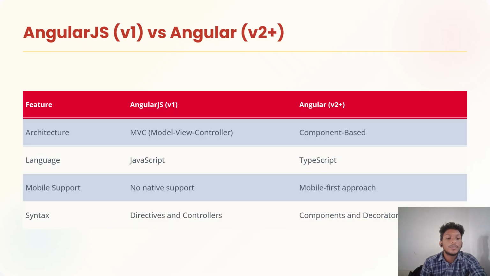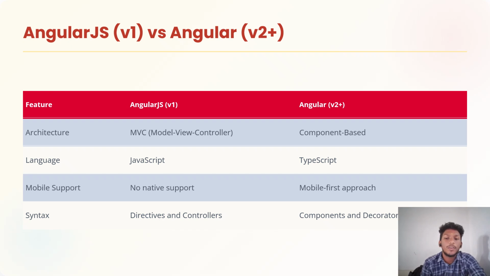Let's see the difference between AngularJS v1 and AngularJS v2 plus. This helps us understand AngularJS by differentiating these two versions. Features: the architecture. In AngularJS v1 it is the MVC model, model view controller, and in Angular v2 plus it is component based. Language: Angular v2 plus uses TypeScript.